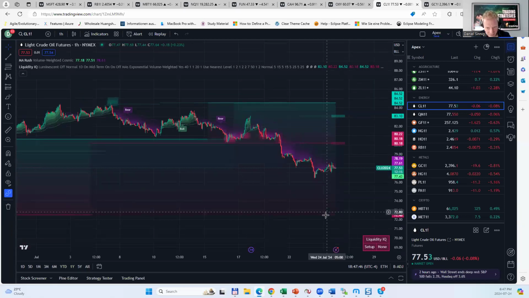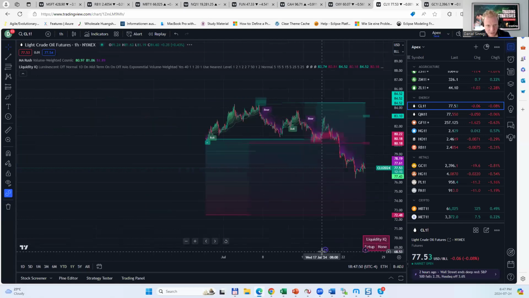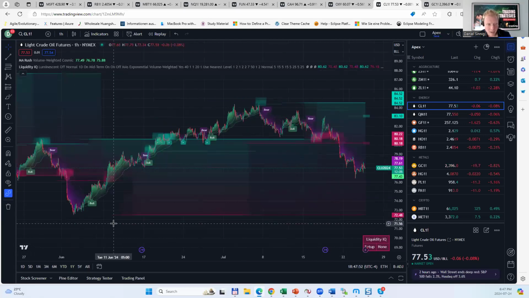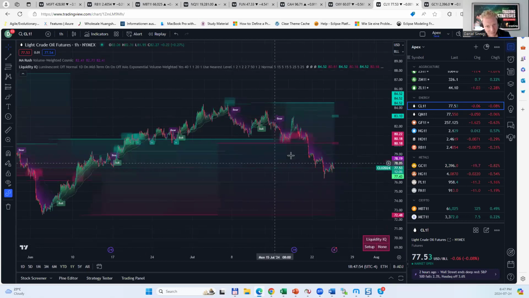The next support level is all the way down here at 72.50, because of the swing low. And there's a lot of room to further downside from 77 to 72. It's not unthinkable. But we may also see another leg up here, a pullback to this broken level, which will then act as resistance, and price may bounce off from this level once again.